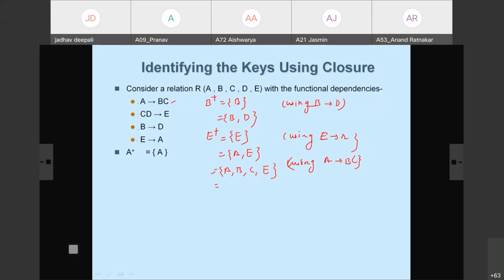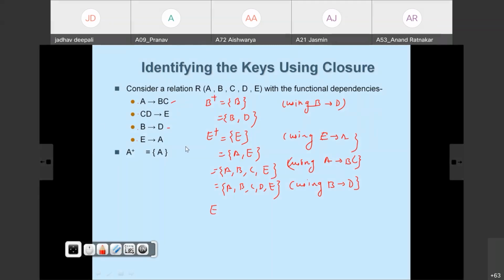Then B is in the result, so D also comes into the result using B tends to D. D is determined from B. A, B, C, D, E. So again it contains all the attributes, means E is also a candidate key. How many candidate keys are there for this relation? There are 3 candidate keys for this relation: A, CD and E.